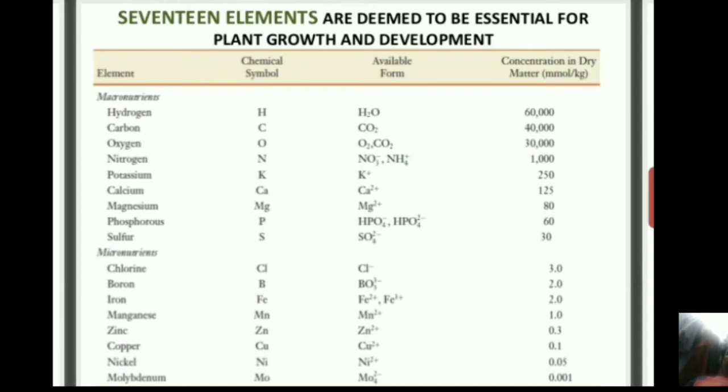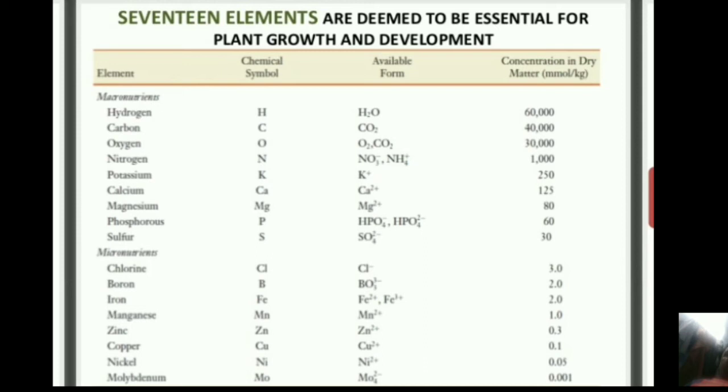And iron is also available in free forms, that is ferrous forms. Manganese is also readily available in the form of ions, that is 1.0 millimoles per kg.